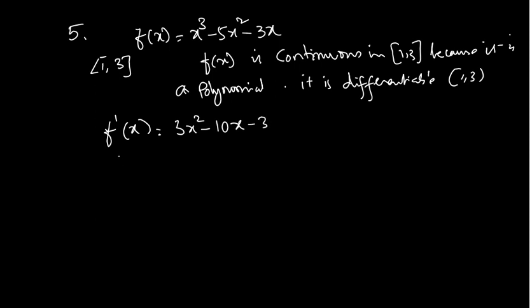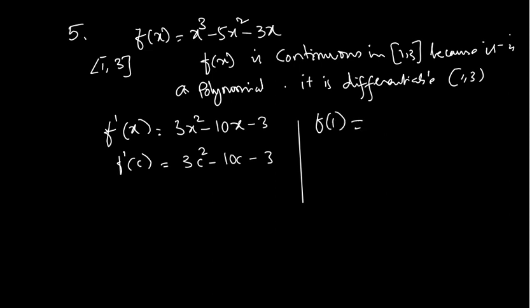So 27 minus 45 minus 9, you will get minus 27. So f of 3 minus f of 1 divided by 3 minus 1 equal to minus 27 minus of minus 7 divided by 2. That's equal to minus 20 divided by 2, which is minus 10.